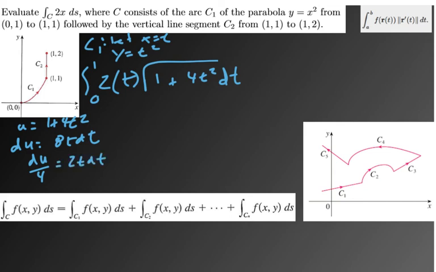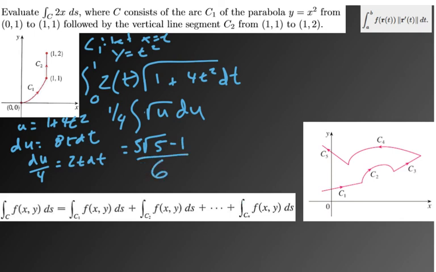So then I could do 1/4 integral... I got the t out with the du, so really I just have square root of u du. Then you can solve that and put the bounds back in. We've done so much of this lately, so I'm just going to tell you, you should get (5 square root of 5 minus 1) over 6 after you do all that, okay?